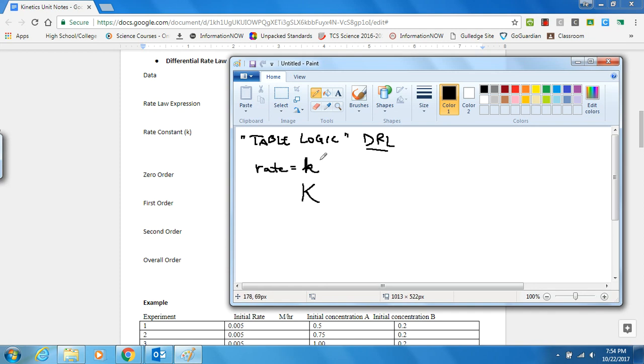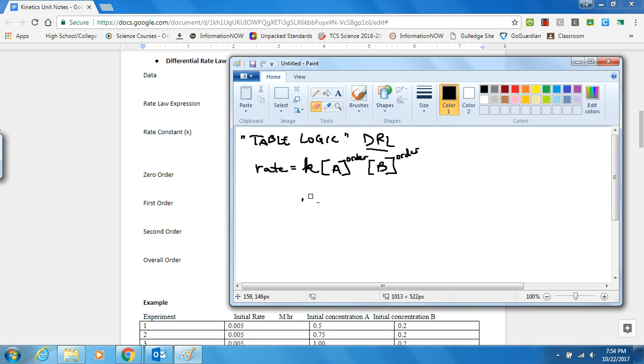So rate equals k. You plug in the concentration of your first reactant, A, and you raise it to something called the order. What an order is, it's a number that shows the relationship between a concentration change and how it affects the rate. We're going to talk about those in just a second as well. Then you put in concentration of B and you raise it to its order as well.